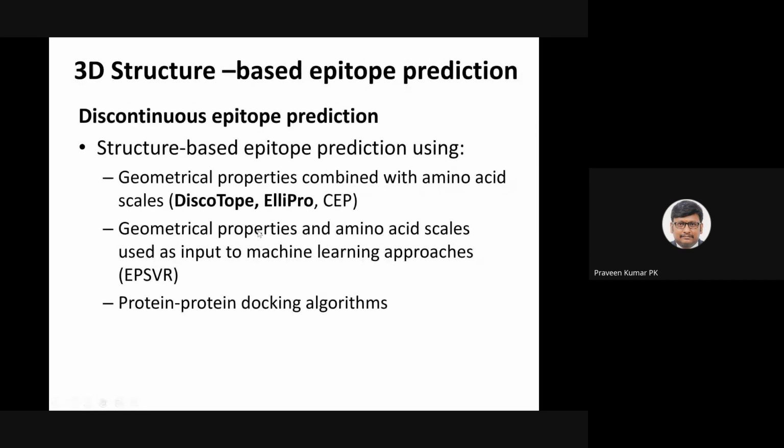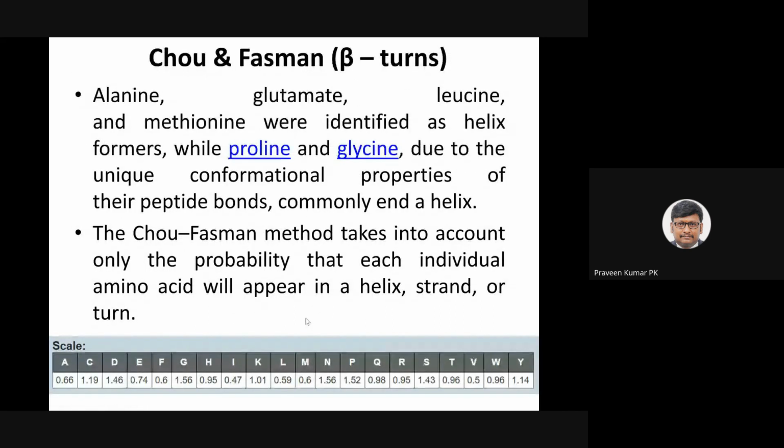We are using almost all the 3D kinds of interaction. So geometrical properties, X, Y, Z directions, and amino acid scales are used as input to machine learning approaches. Various machine learning approaches are used in these two different methods. Of course, protein-protein docking algorithms are also efficiently developed for discontinuous B cell epitope predictions.